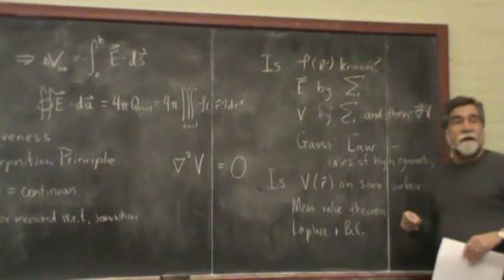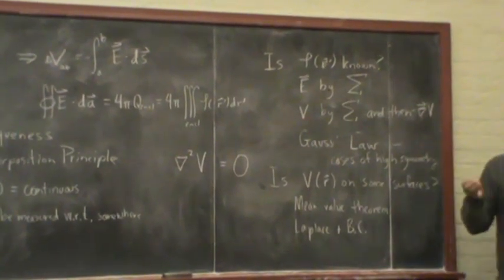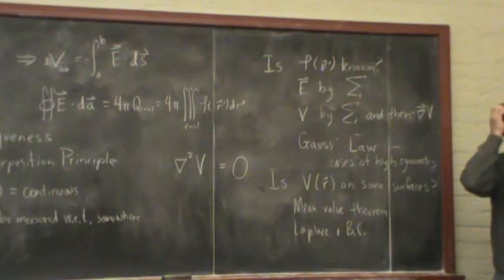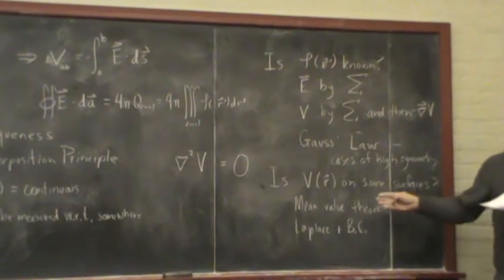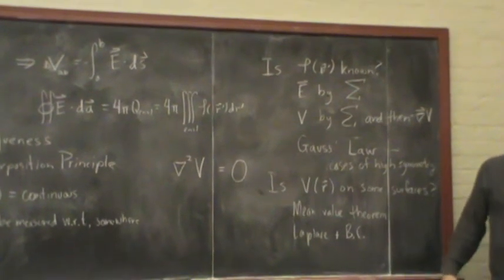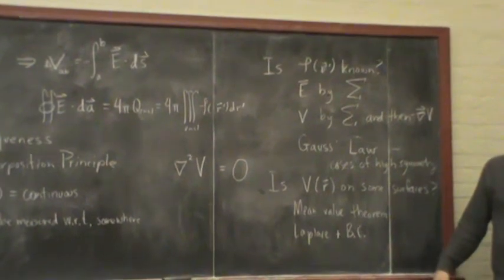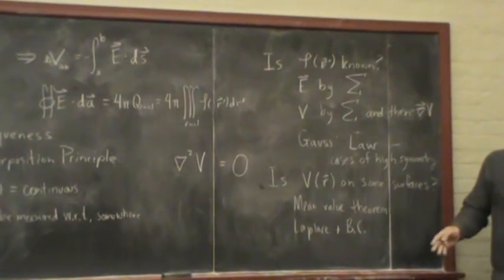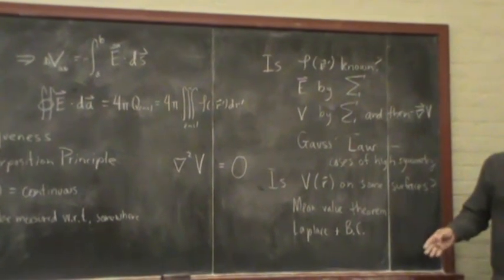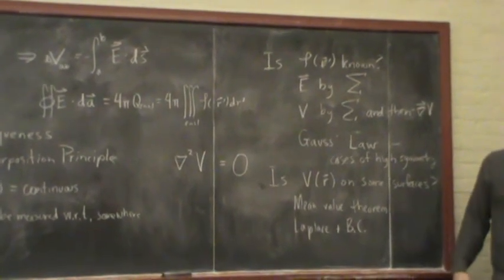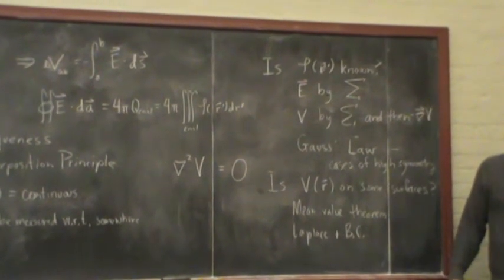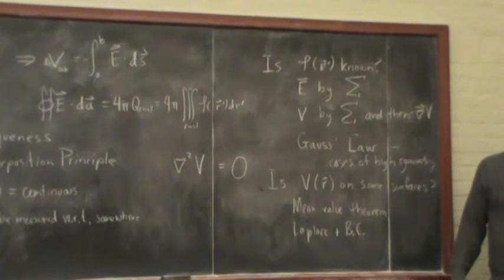Using separation of variables. So I showed you for various geometries what the general solution of Laplace's equation looks like. They're all the same. They're all solutions to Laplace's equation, but which set of solutions you choose depends upon the overall symmetry of the problem, right?